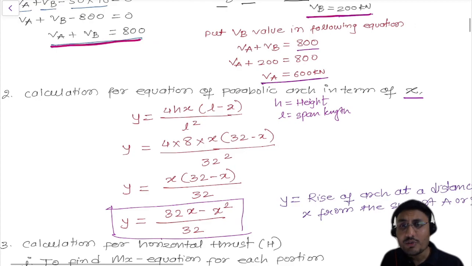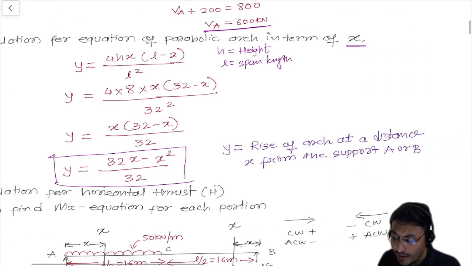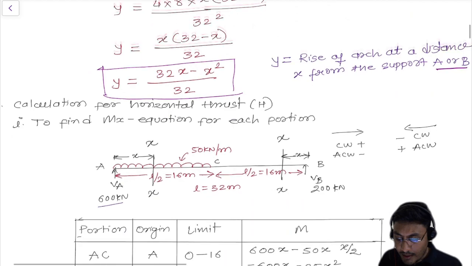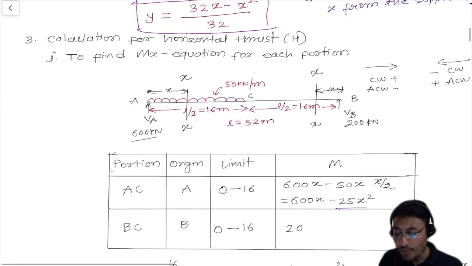So what this y means is the rise of arch at a distance x from the support A or B. So we have an equation of that rise of arch at a distance x from support A or B. Whenever we need to calculate the rise of an arch, we will use this equation. Now let's move to the main calculation of the horizontal thrust.